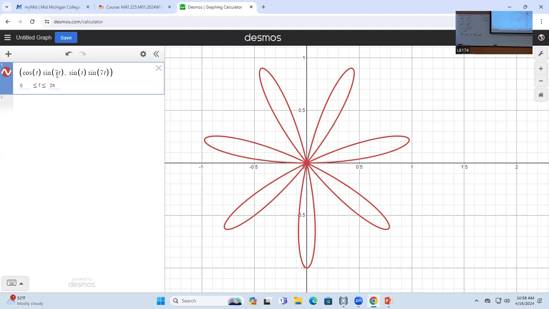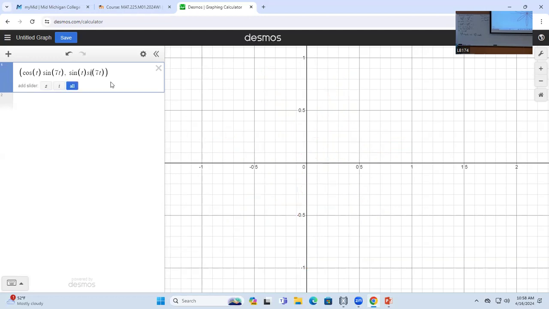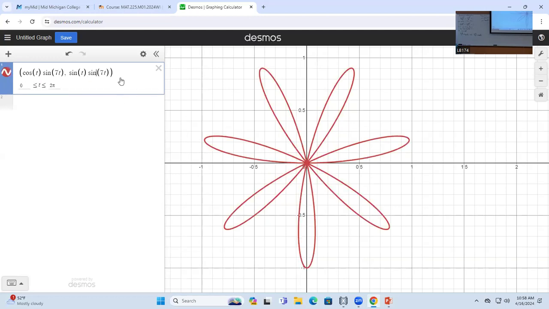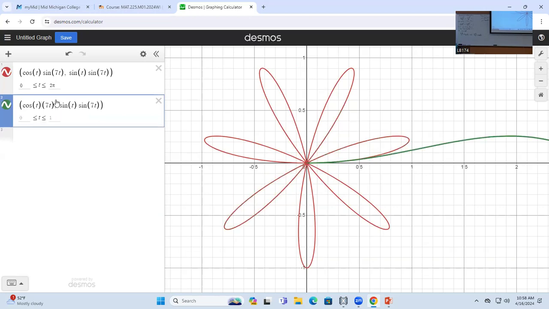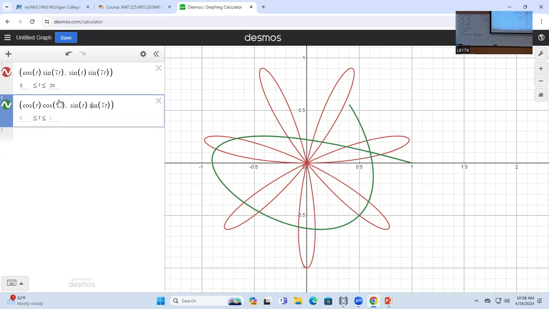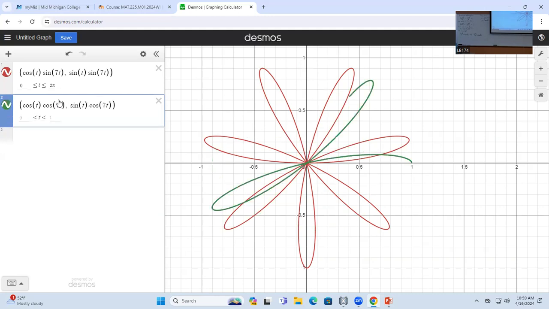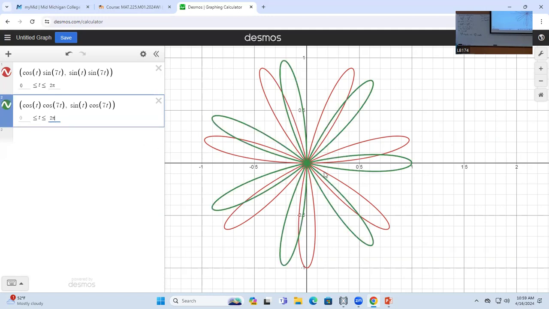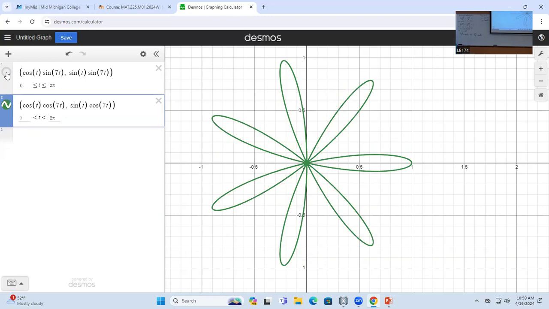And by the way, they use sine on both of these. If you change the sine to a cosine, oh, I see why. You still get a rose curve. It's just slightly rotated.